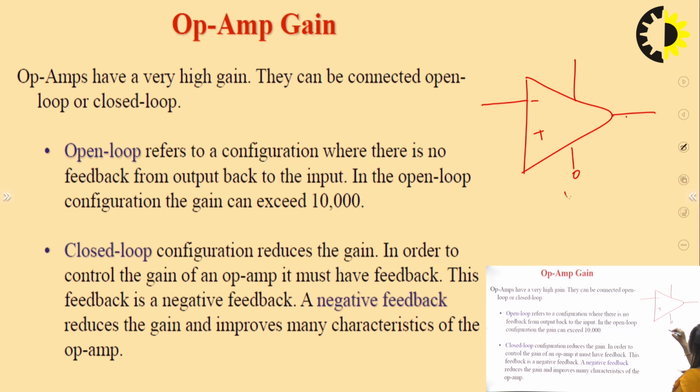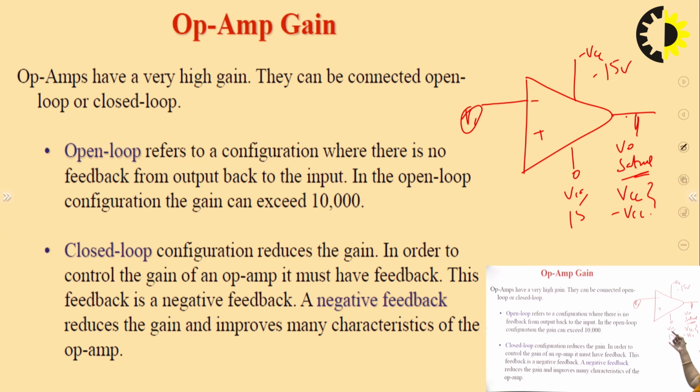Or we can apply any input, 10 microvolt, 1 millivolt, 10 millivolt. The output will be at the maximum level, and that maximum level is limited by the supply that we applied across the op-amp, like 15 volt and minus 15 volt. So in the open loop configuration, for any input, the output will always be in saturation, and the saturation value is plus VCC and minus VCC.